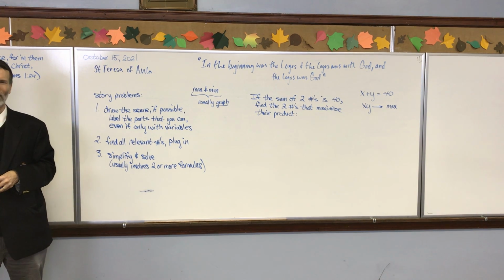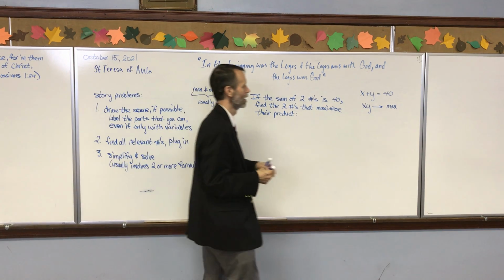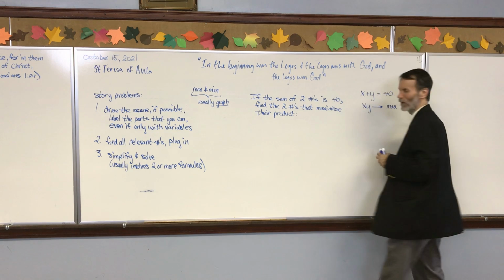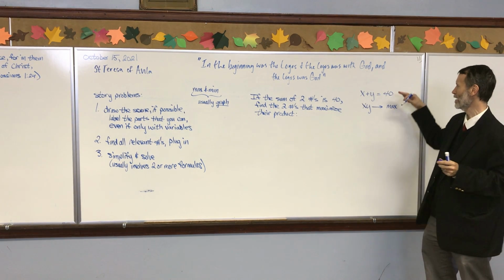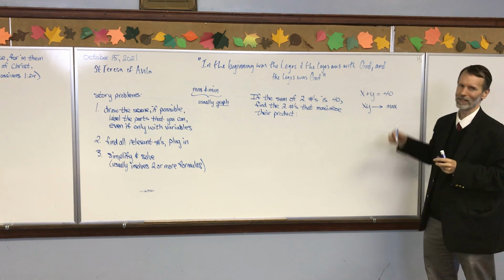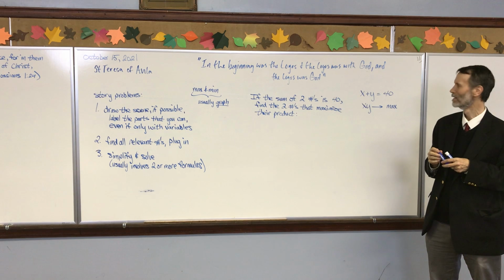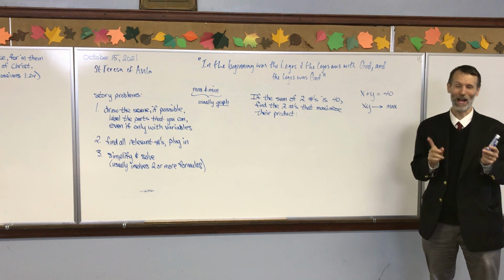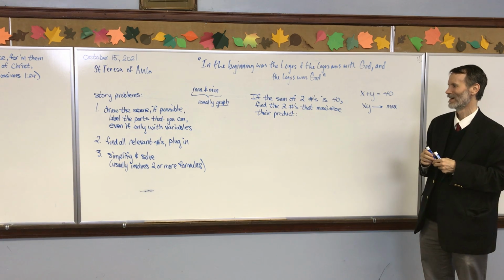Can somebody tell me what to do next? Yeah. Use the first formula and get Y by itself. Okay. Why would we do that? So you graph it. Are you going to graph the sum or the product? The sum. The sum is easier to graph. I'll give you that. I'll just do the product. Why? Because that's what you're trying to find. Right.